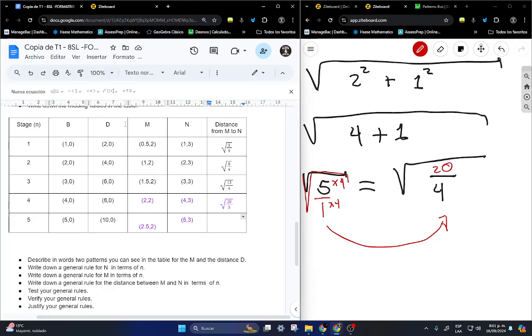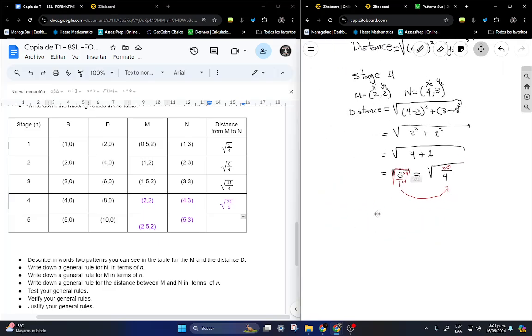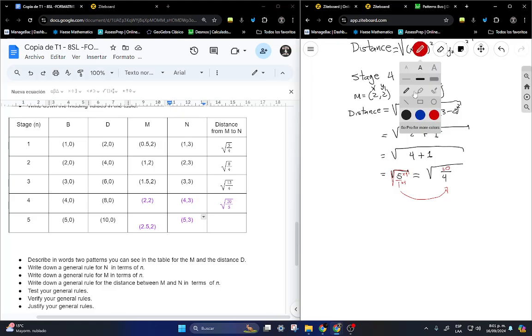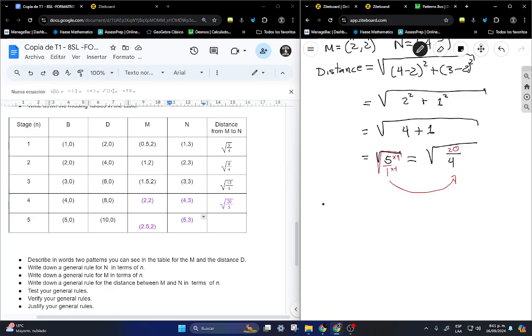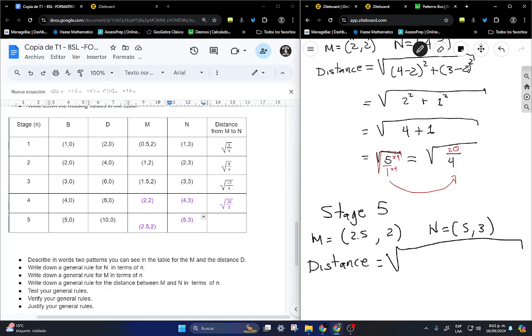And let's find the other version. Let's find stage 5. Okay, let's do it. Let me change color. Let me resize this. So again, stage 5. So in this case, m is 2.5, 2, and n is 5, 3. Again, let's find the distance by using the formula, which will be something like this.